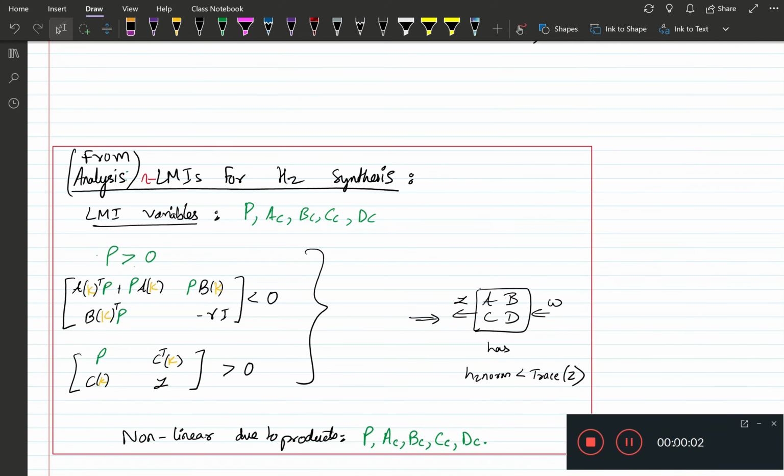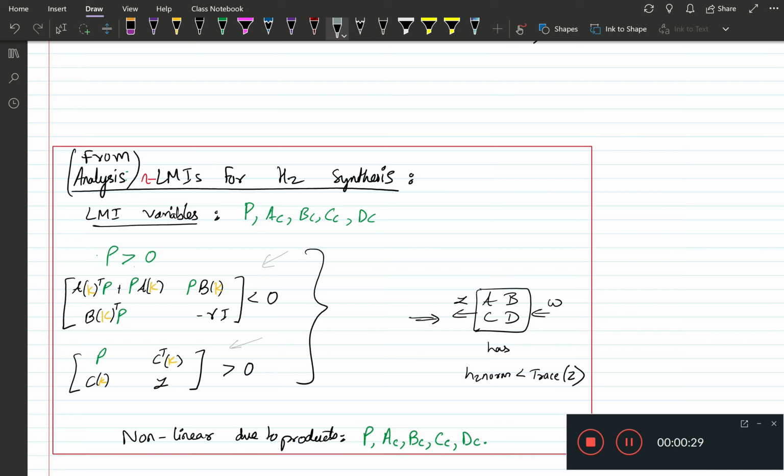So we can similarly do this for H2 synthesis problems, where the analysis, so if someone gave us the controller, we would have to check if there exists a P positive definite such that this LMI and this LMI holds.